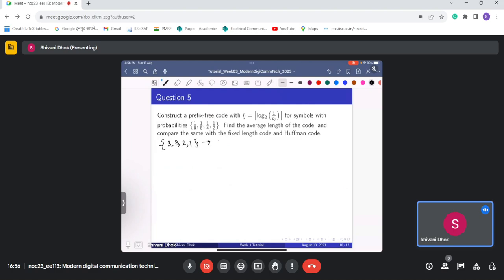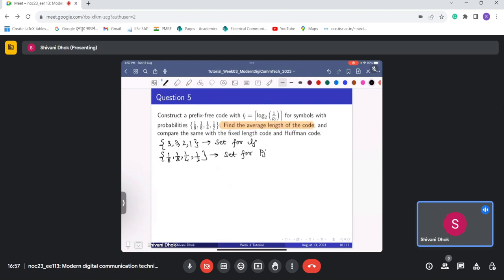So this is the set for LJs, and the probability set is 1 by 8, 1 by 8, 1 by 4, and 1 by 2. This is the set for PJs. And next what we need to do is, we need to find the average length of the code.